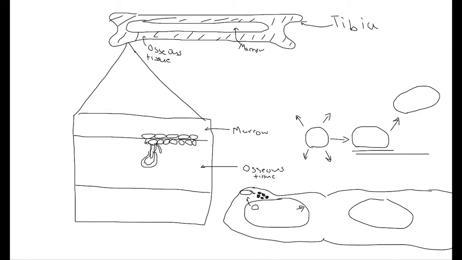These cells are going to be outside the tibia in this case, so they line the outside of the osseous tissue. And they're thought to function in maintenance and nutritional support of osteocytes.